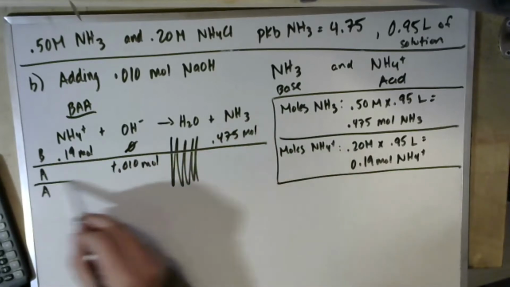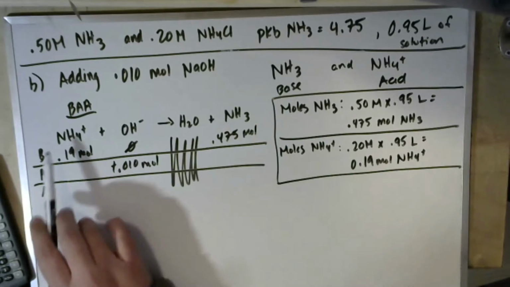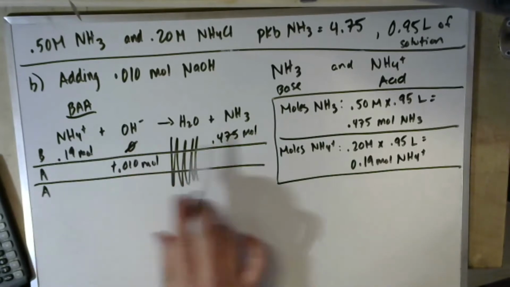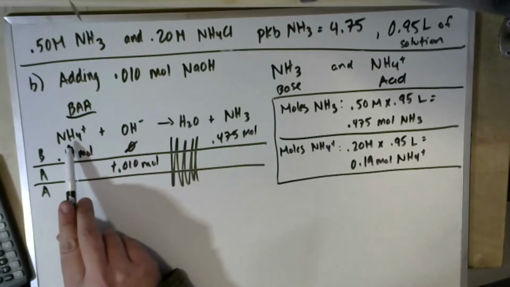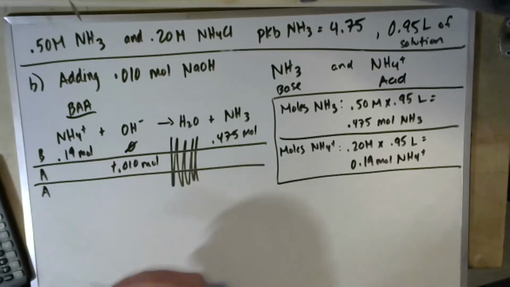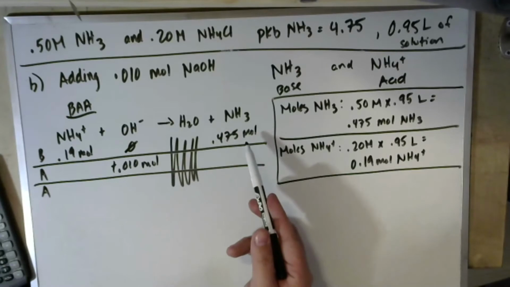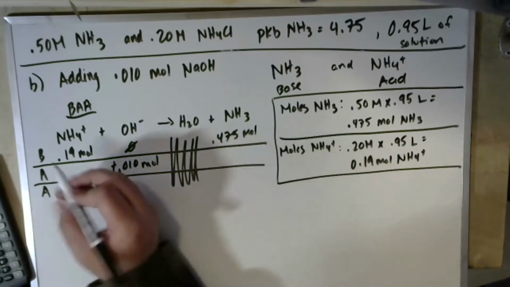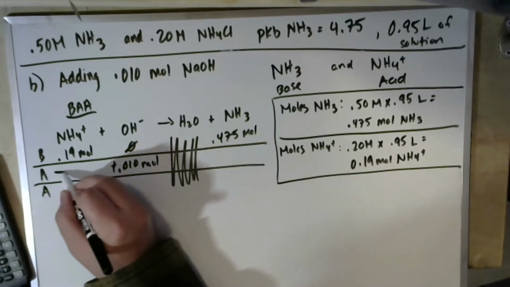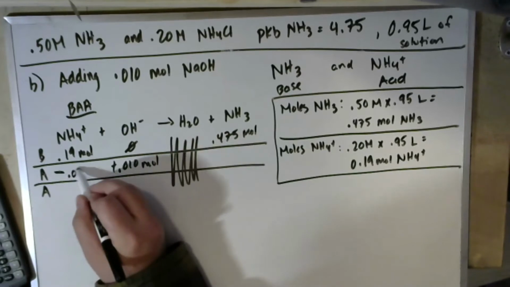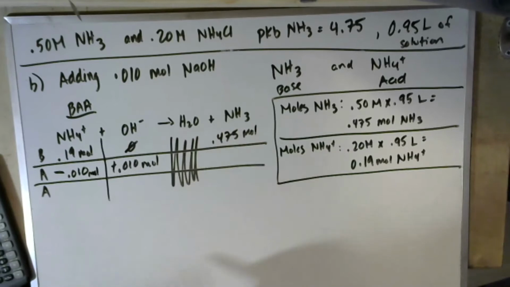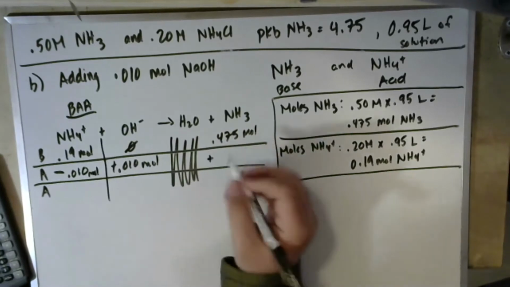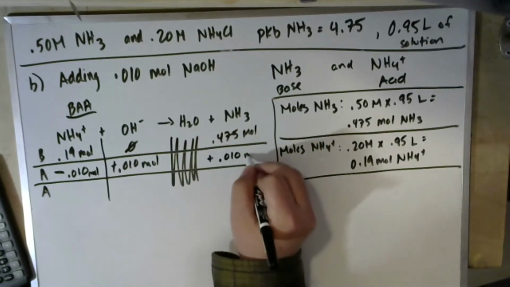Okay, and when I do that, like we already indicated in this reaction that we wrote out, the hydroxide is going to react with the ammonium ion and use a little bit of it up and form more NH3. So we are using it up, so we're going to be subtracting 0.010 moles of our NH4 plus, and we're going to be creating 0.010 moles of NH3.